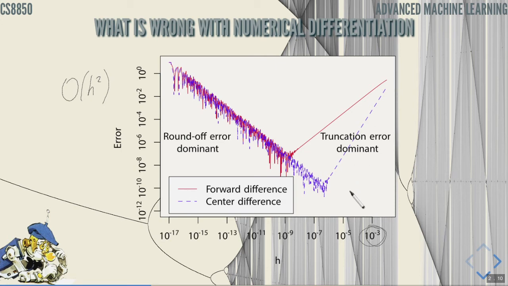As you see, up to some point truncation error dominates, but then for central difference earlier and for forward difference later, round-off error kicks in and starts dominating the error.